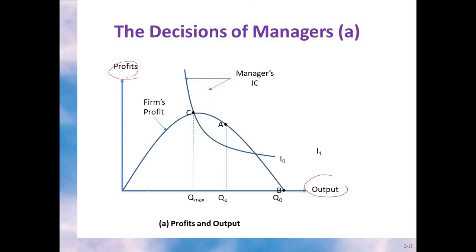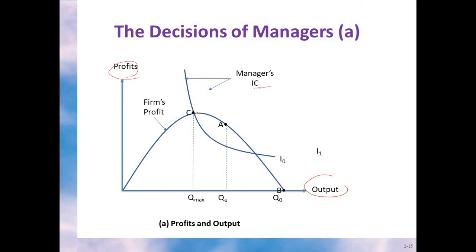So here you can see that this is the curve of the firm's profit, which for consumers is the budget line, for workers is the earning line, but for managers we look at the firm's profit, and this is the managers' indifference curve.